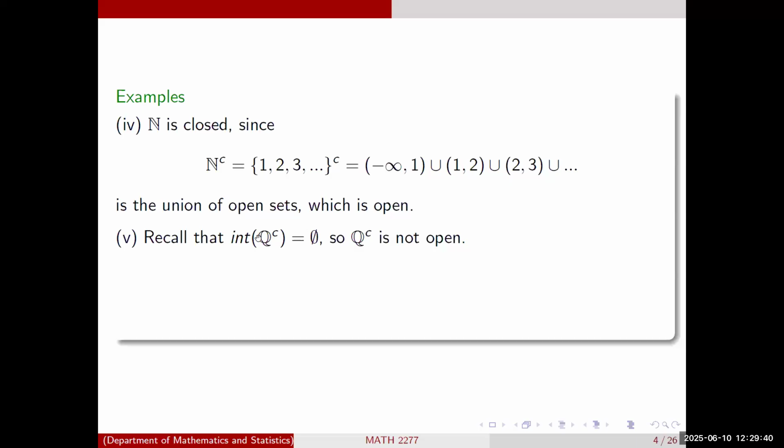Yeah, so what about this one? This is the rationals. Well, it's the irrationals here, but I'm taking the complement of the rational. So in this example, we want to look at whether or not the rationals is a closed set. Right?